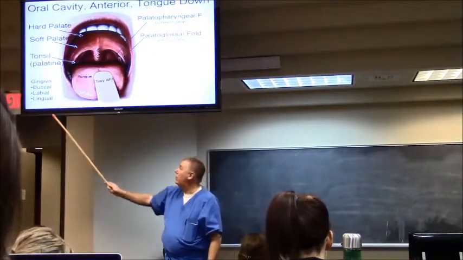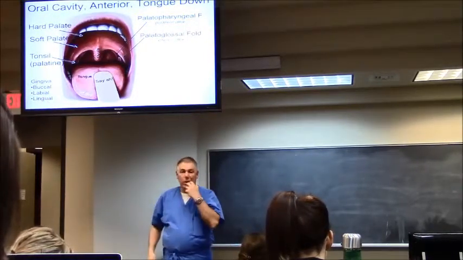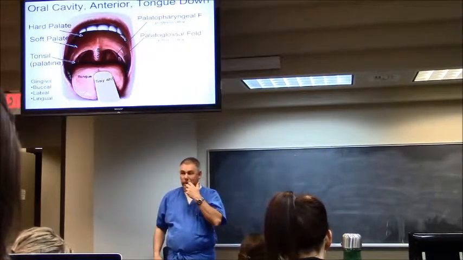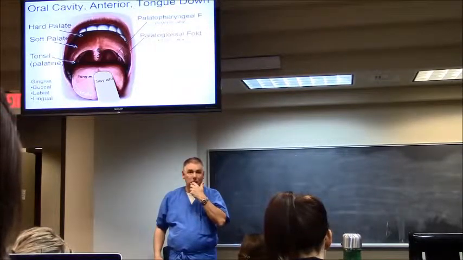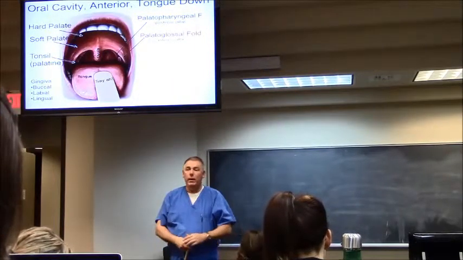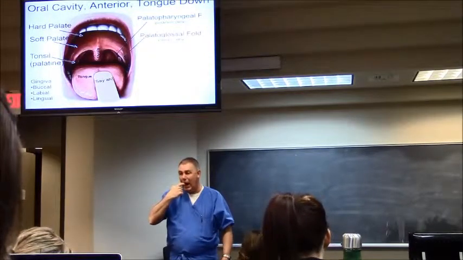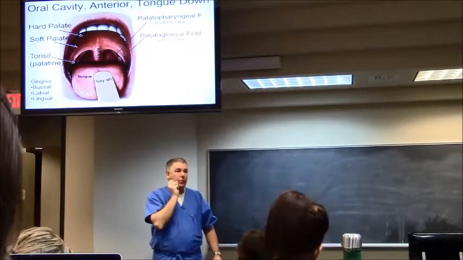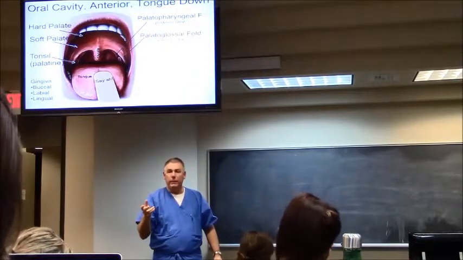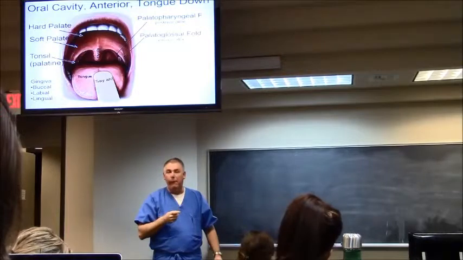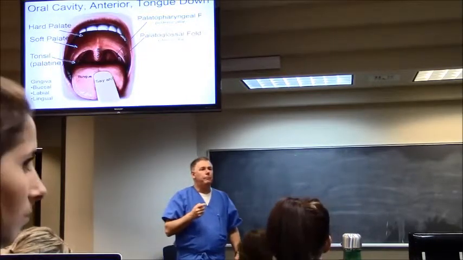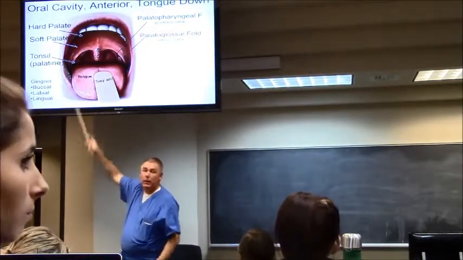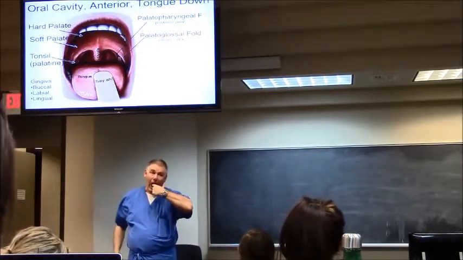The labial is that associated with the lips. So the gingiva is that in front. And then the lingual is the gingiva on the inside. That's how you describe the gingiva around the teeth, around the alveolar ridges. What do you mean by inside? Where inside? On the inside. It's not out here. Okay.